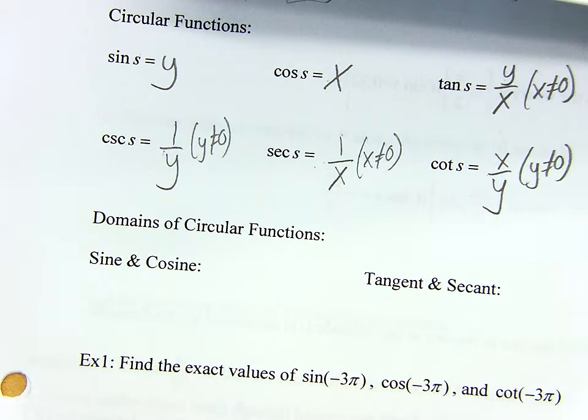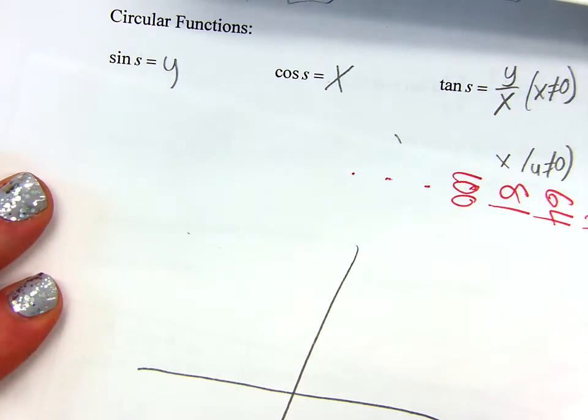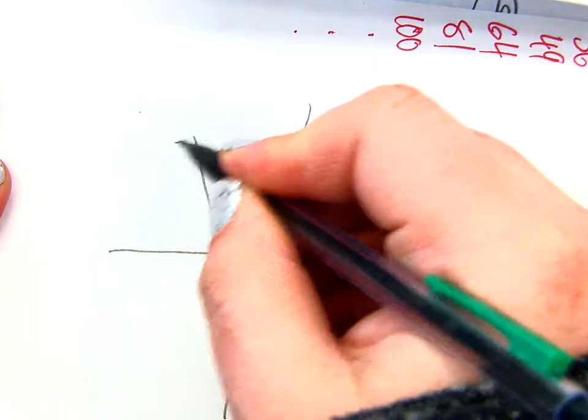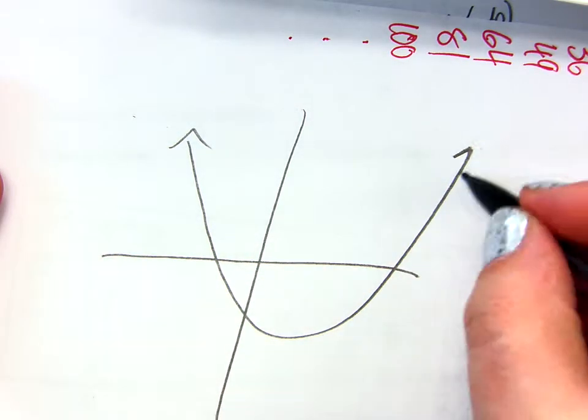For example, say you graphed a parabola and it looked like this. The domain is all the x values that this graph will cover.